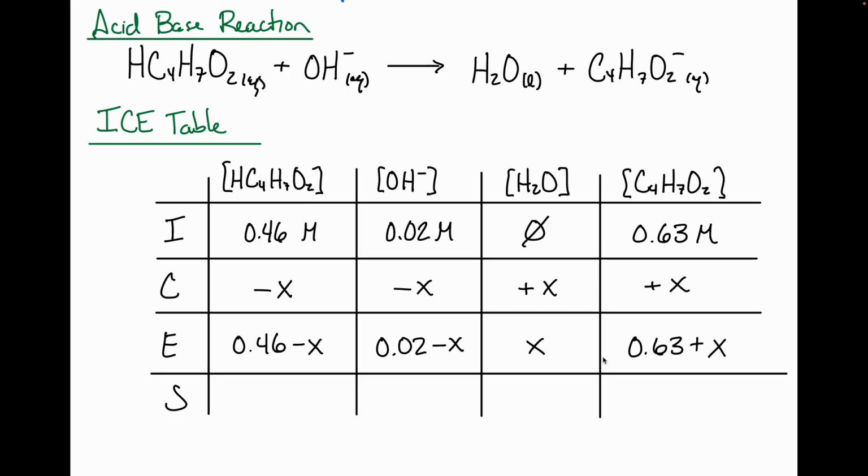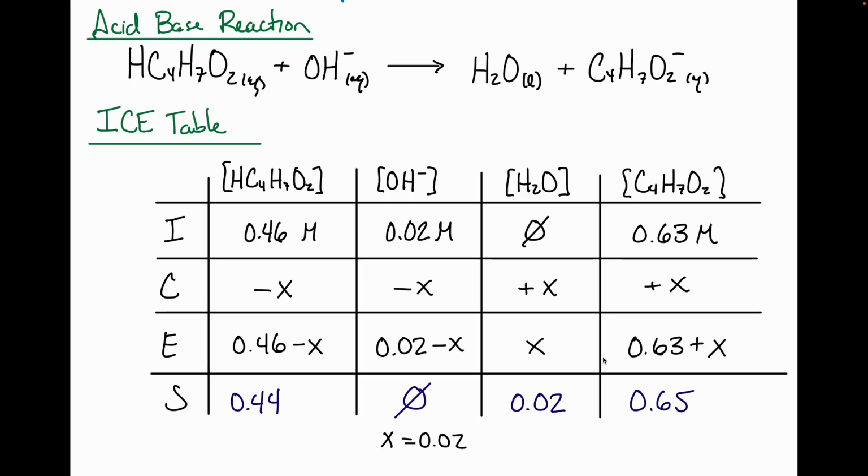So that means if all that strong reacts, I have none of it left over, and my value for x is that 0.02. All right, so filling in the rest of my solve row here, 0.46 minus 0.02 is 0.44. X is just 0.02. And 0.63 plus 0.02 is 0.65.